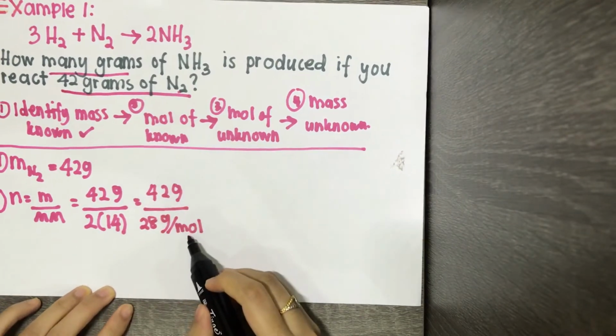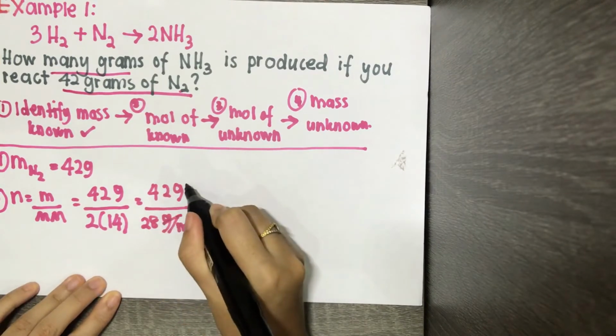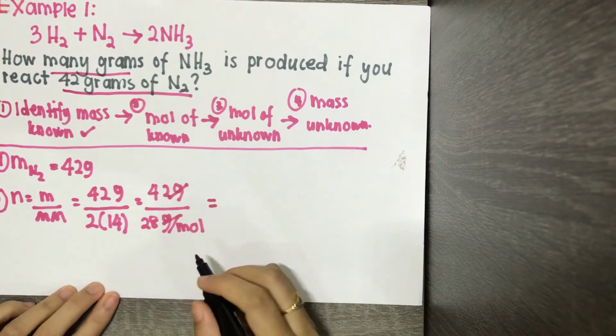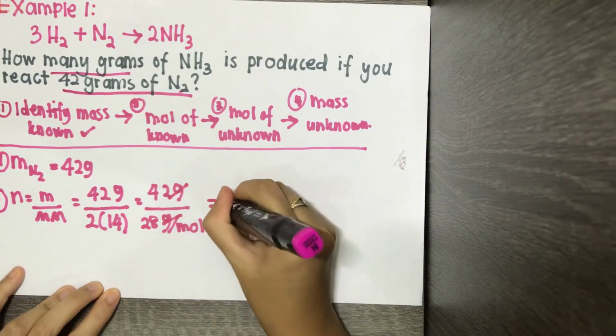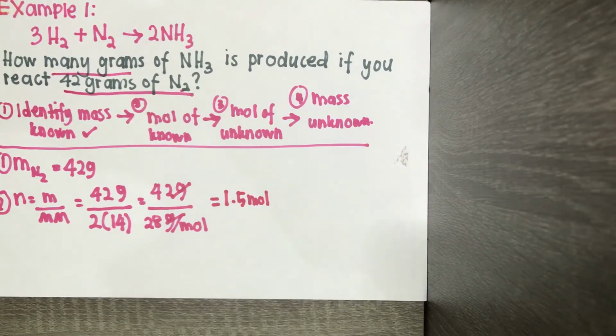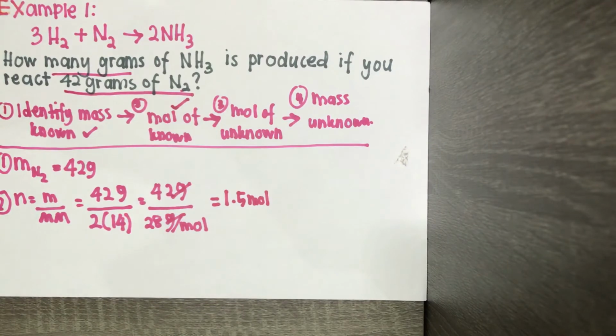This is the unit for molar mass. So gram potong, kita akan dapat 42 bagi 28 is 1.5 mole. Okay, so step 2 siap.